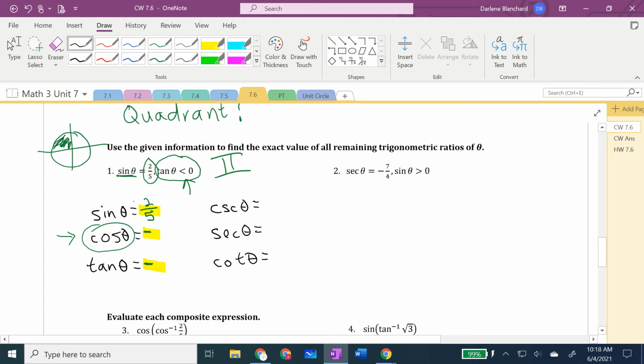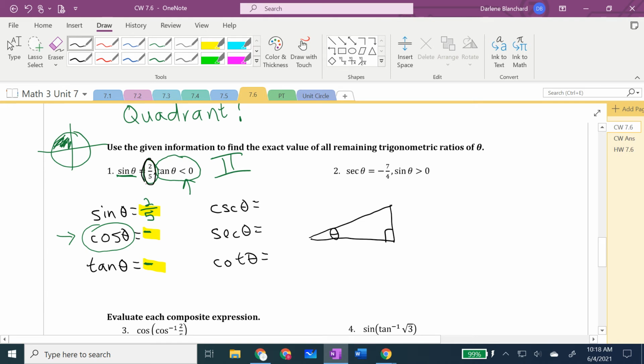Now, I'm going to finish my SOHCAHTOA, and I'm going to do that without using a reference triangle because I don't need to. If I know what quadrant I am in, then I know what sign everybody is, and I can focus on just positive sides only.